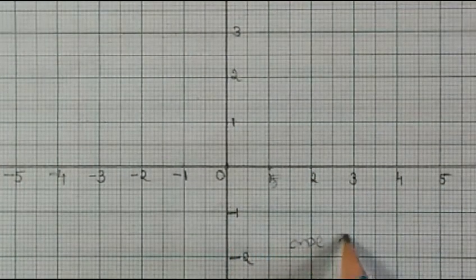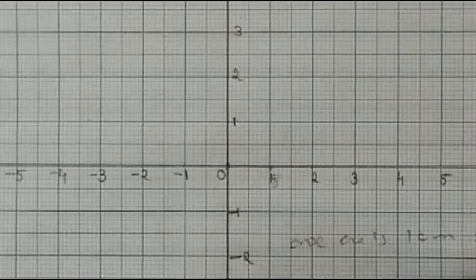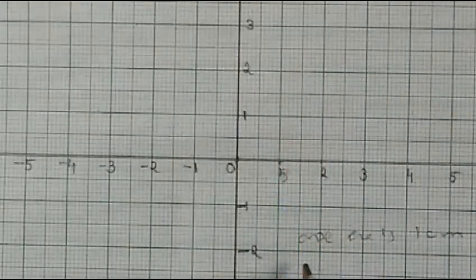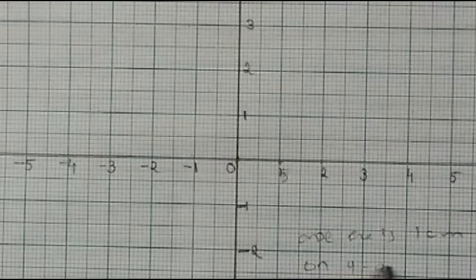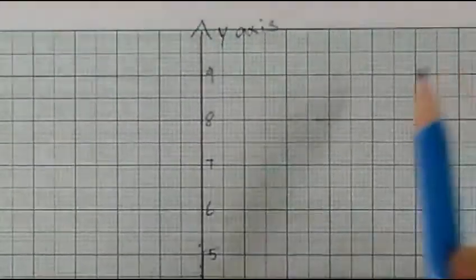On x-axis, 1 centimeter is equal to 5 units, if I write like that. Understand? If I am taking y also the same way, then you have to write on y-axis 1 centimeter equal to 5 units. Normally we write it here at the top.